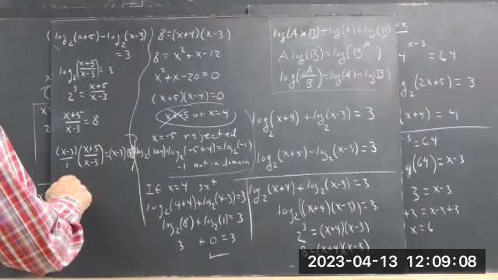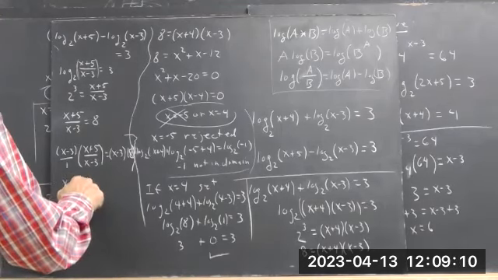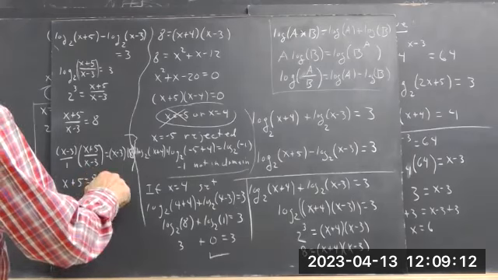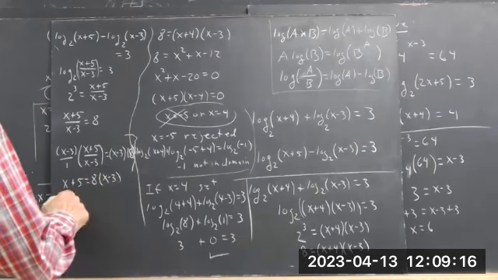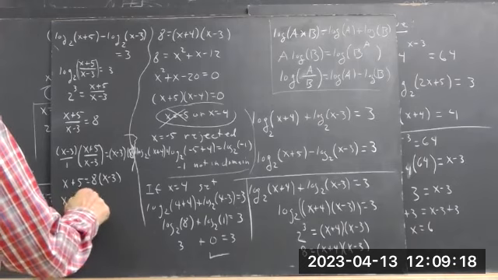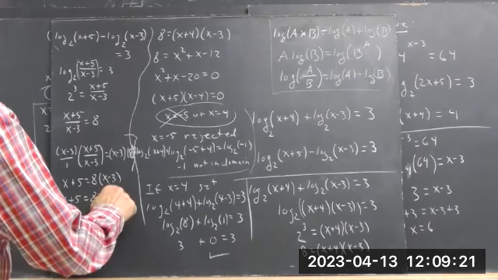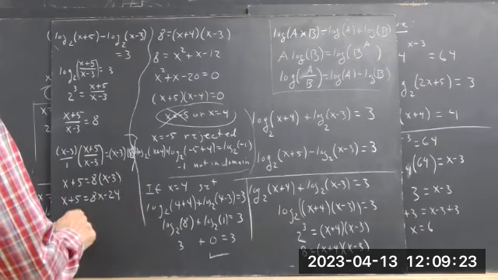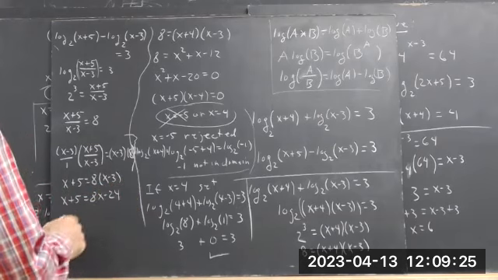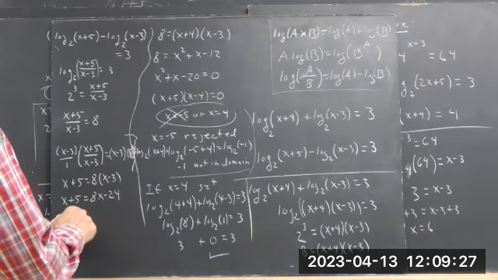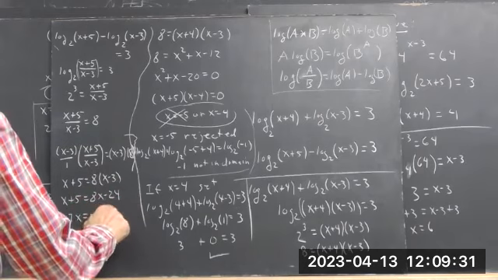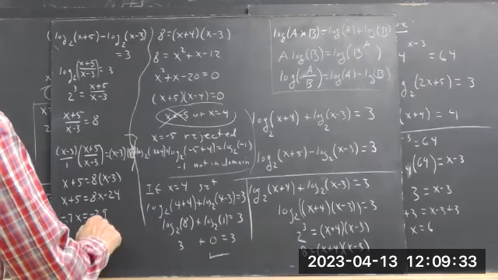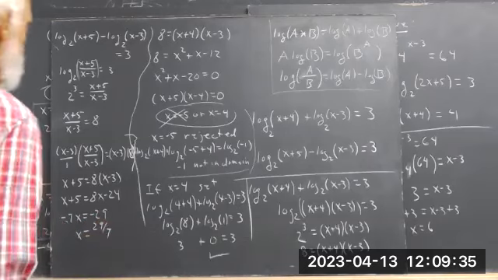Then we get this, which is really an easy equation. x plus 5 will then be 8x minus 24. And we subtract 8x from both sides, we're going to get negative 7x. Subtract 5 from both sides, we get negative 29. So x is 29 over 7.